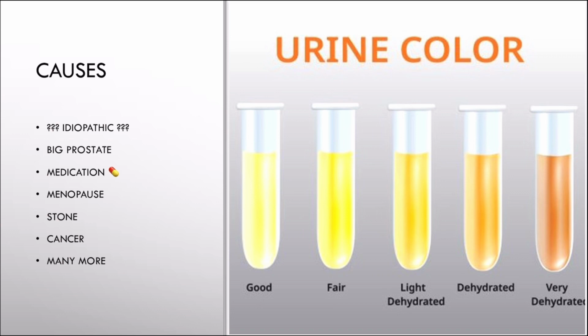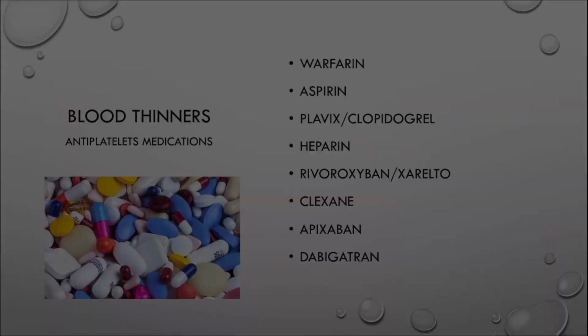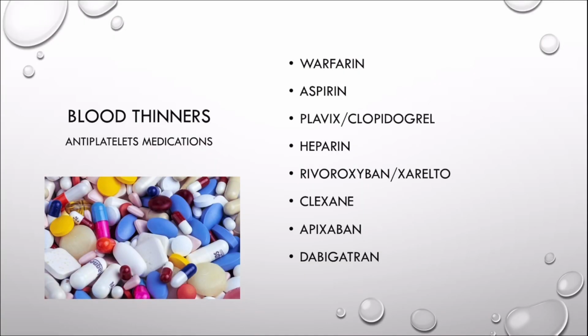But for now, these are the major reasons why some people have red blood cells found in the urine. Blood thinners are a major cause of blood in your urine. These antiplatelet medications do a wonderful job in preventing clot formation, particularly in the heart and in the brain, which prevents heart attack and stroke respectively.